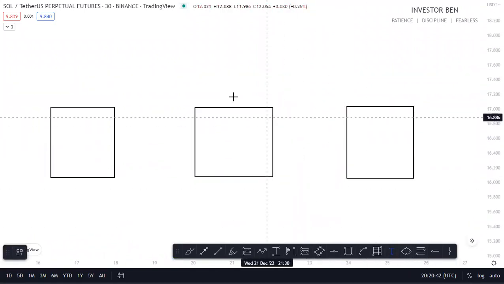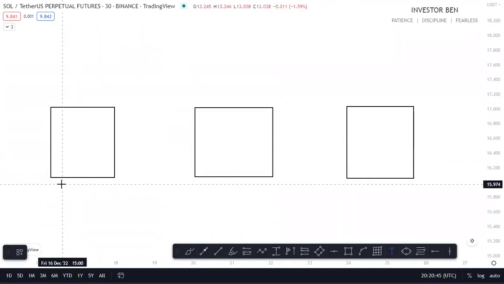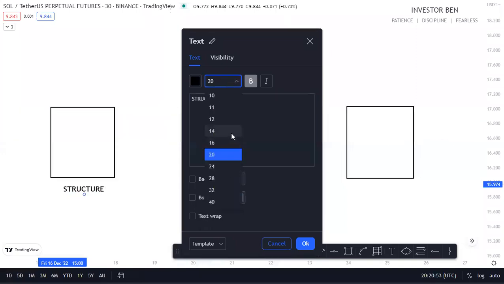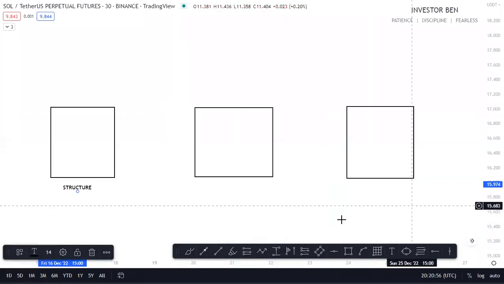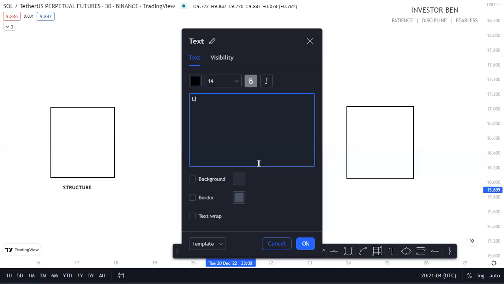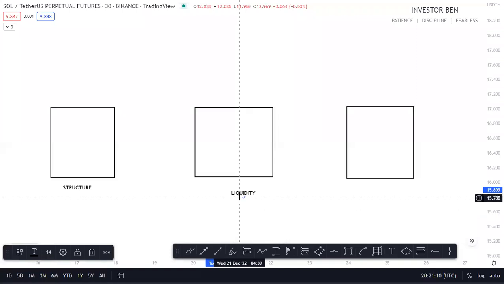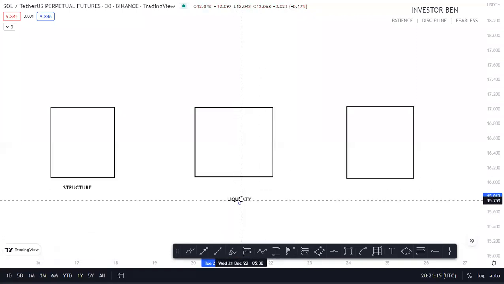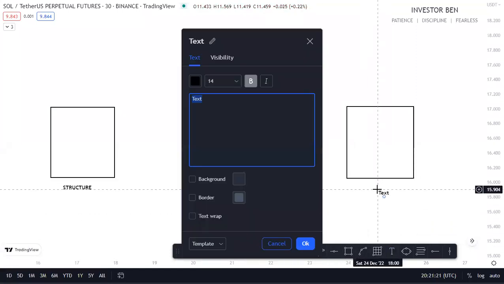The market structure, then liquidity, and then order flow. I just want to arrange it, so here goes order flow.